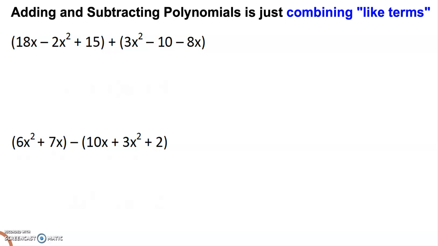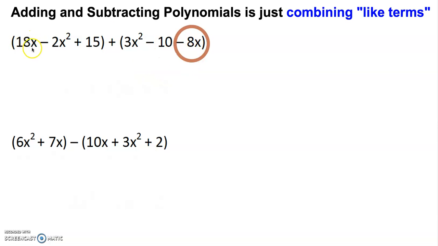When we're adding and subtracting polynomials, it's just like combining like terms. In order for terms to be like terms, remember they have to have the same variable and the same exponent. So as we take a look at this first example, we have 18x, and we're adding a negative 8x.